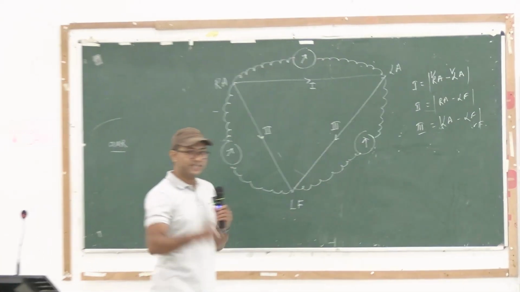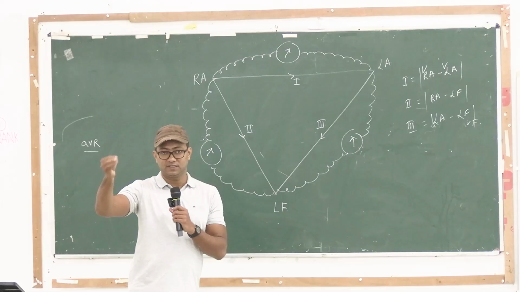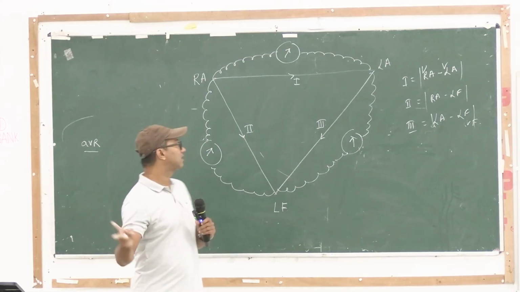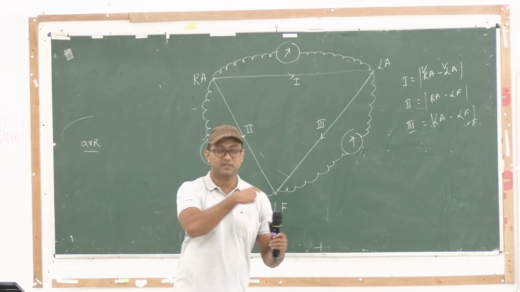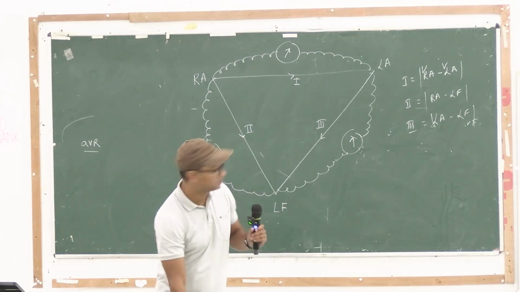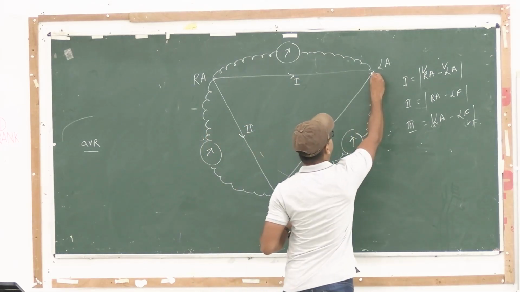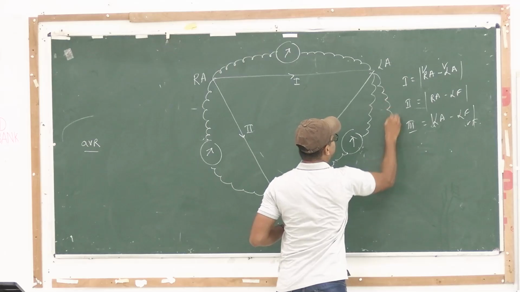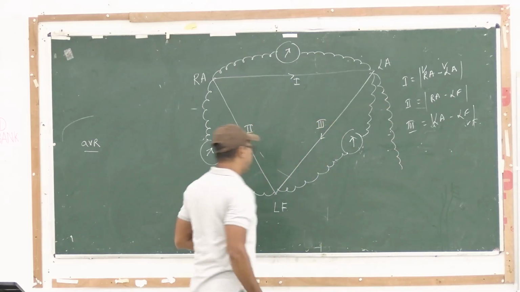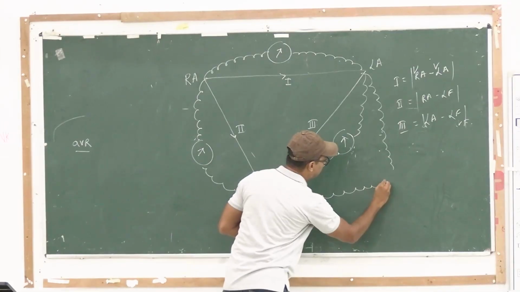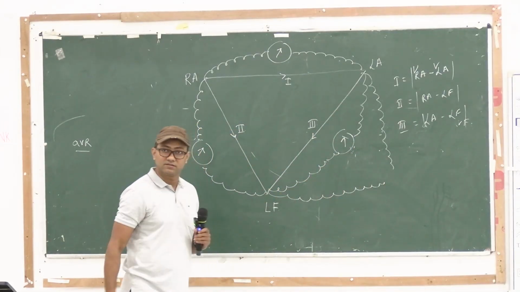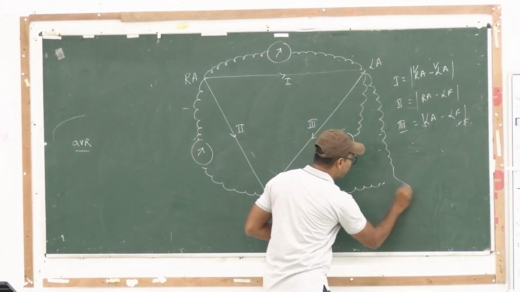Now, take 2 copper wires. One insert in my left arm, another copper wire insert in my left foot. So one in left arm, another in left foot. 2 copper wires and make a common terminal.